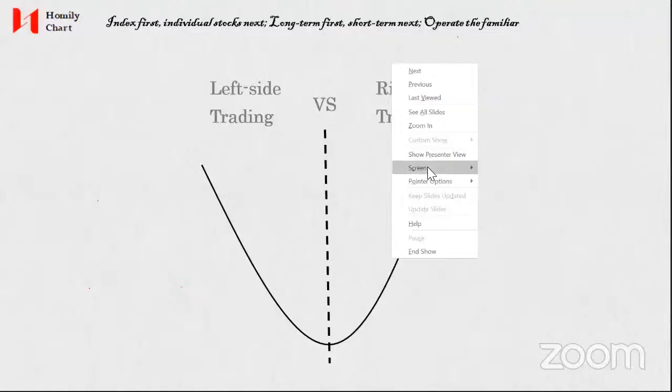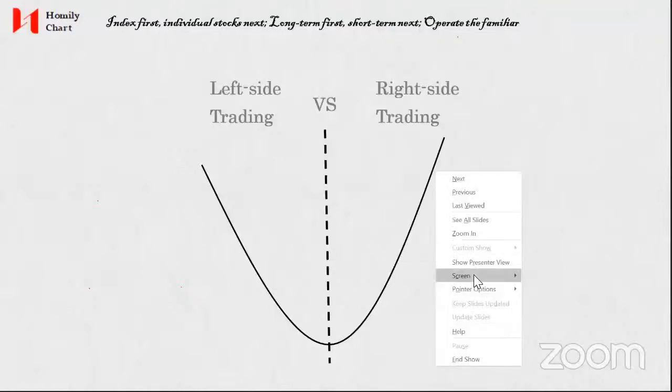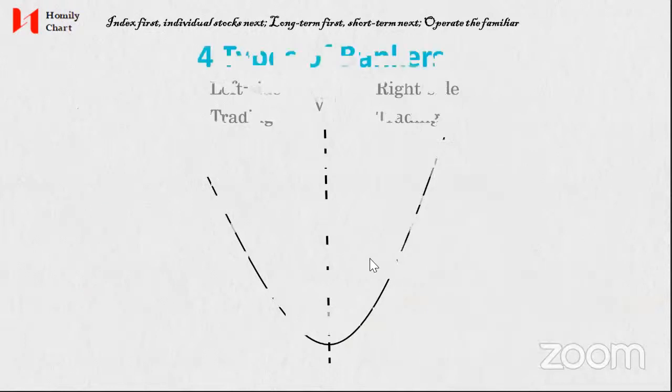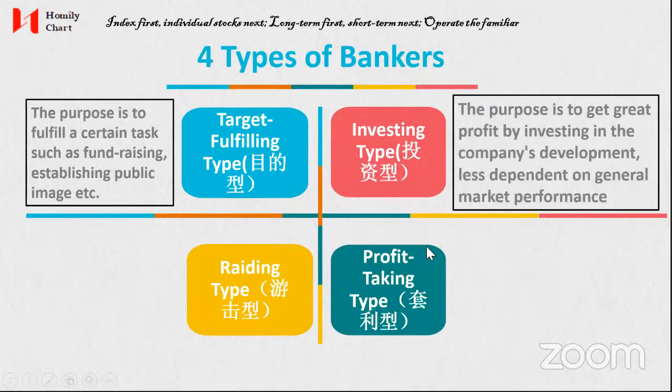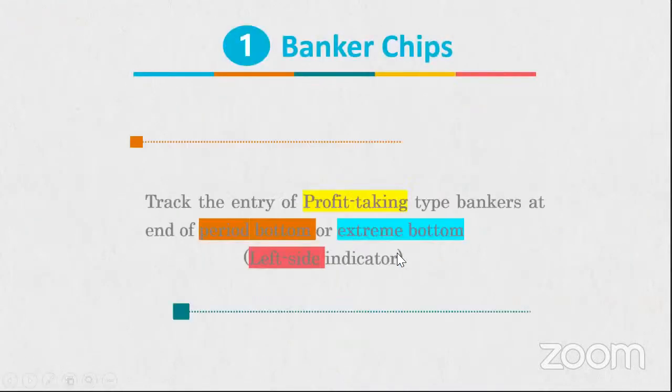Okay, so let me introduce you to this banker chips. Okay, so banker chips, the function is to track the entry of a profit-taking type of bankers at the end of a period bottom or extreme bottom. Extreme bottom means it's a big scale bottom, medium term or even long term bottom.